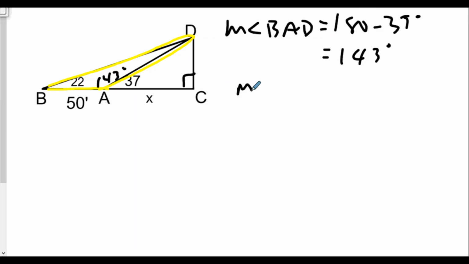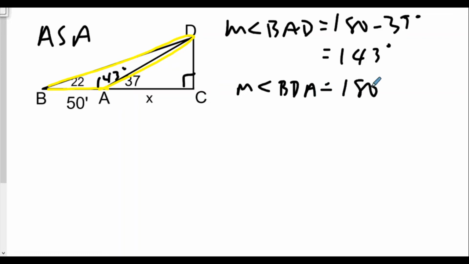That's an angle-side-angle situation, where we probably use law of sines. But we need to find the measure of angle BDA. That's going to be 180 minus 143 minus 22, which is really minus 165, and that's going to be 15 degrees.